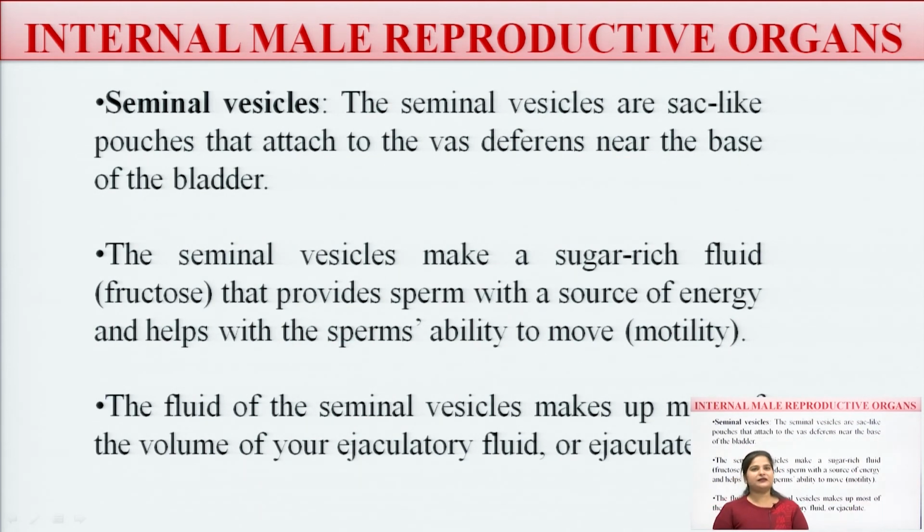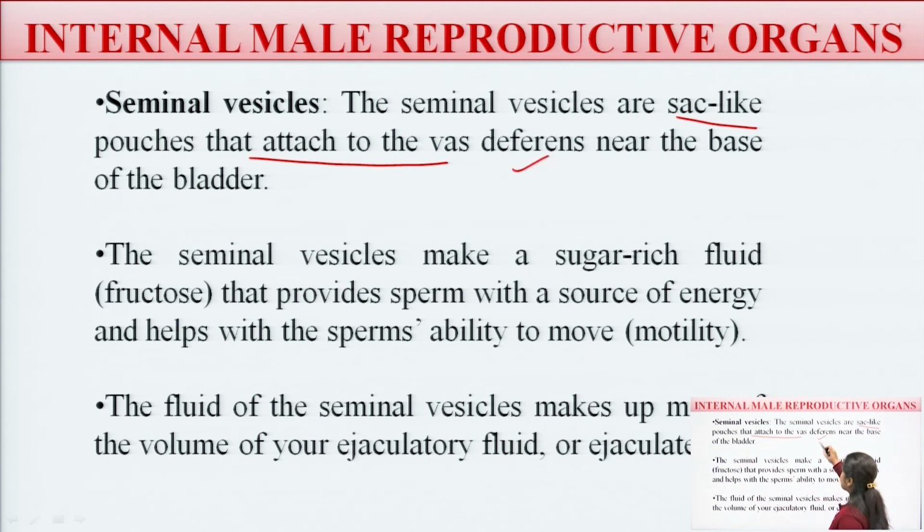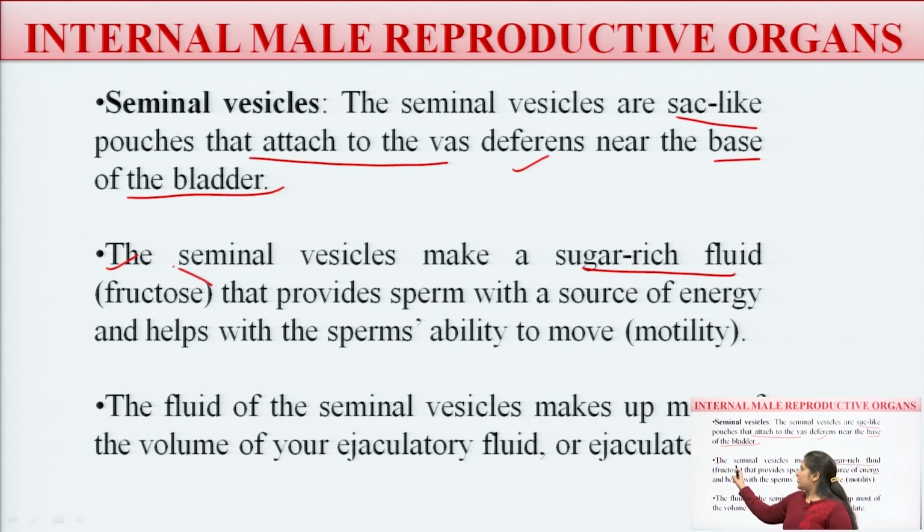Now seminal vesicles. The seminal vesicles are sac-like pouches attached to the vas deferens near the base of the bladder, right? Seminal vesicles make a sugar-rich fluid, that is fructose.